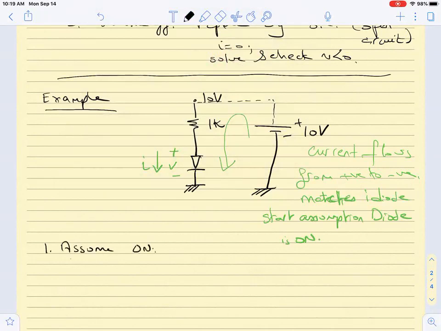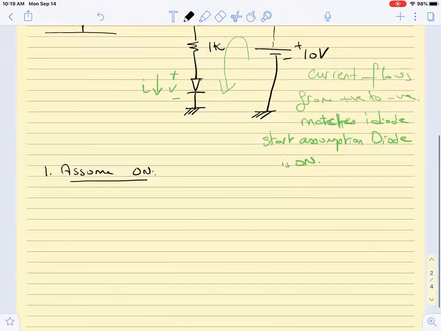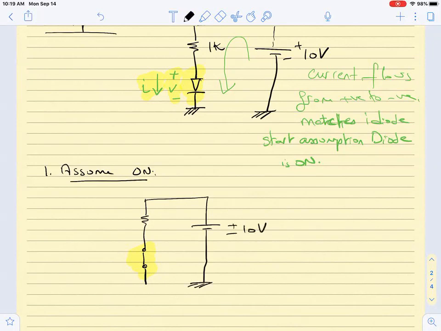How does the new circuit look? I will have the resistor, the diode replaced by a short circuit, meaning I replace the V and I of the diode by a short circuit, and then my supply of plus minus 10 volts.